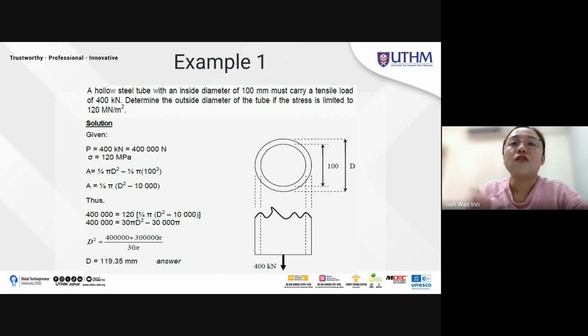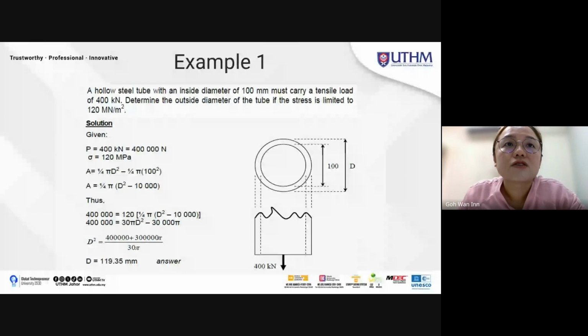Stress is F over A. So when you move it, P is equal to 120 times this A. When you solve it out, you get D is 119.34.